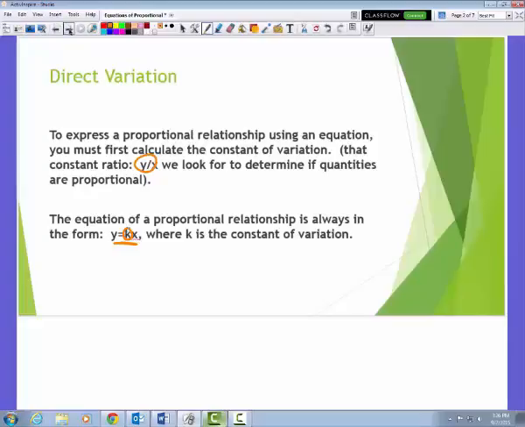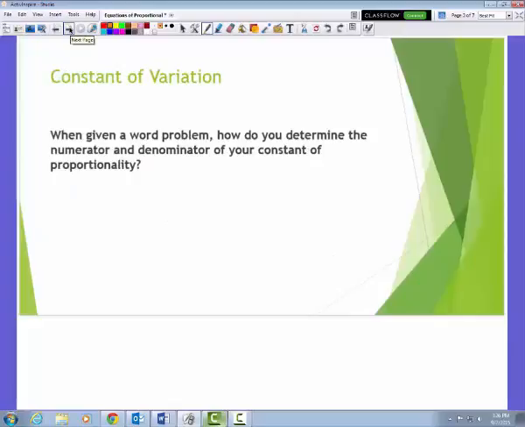So let's take a look here. It seems like a lot to take in, but when we're trying to find our constant of variation, there's a specific way we need to find it. I circled it on the last slide, but it's very important that we know that the constant of variation, the constant of proportionality, is the y's over the x's. Okay, it's the y values divided by the x values.